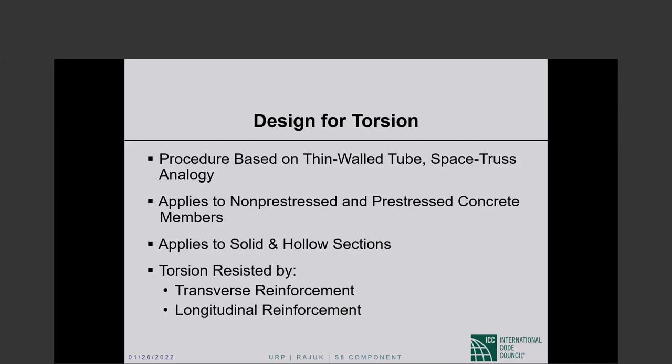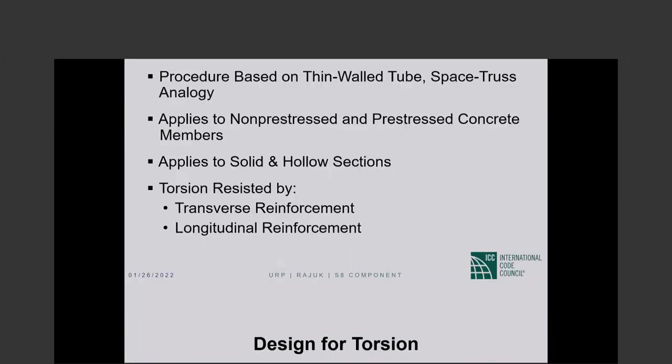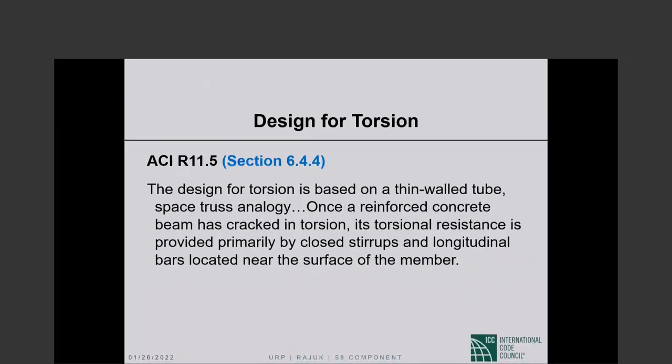This is in addition to what we have for flexure. The combination of the transverse reinforcement and the additional longitudinal reinforcement resists the tension with no help from concrete. That is the idea. So that's the thin-wall tube analogy of ACI 318. So the design for torsion is based on a thin-wall tube space truss analogy.